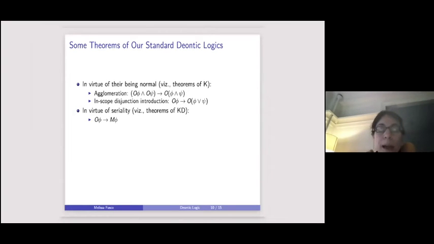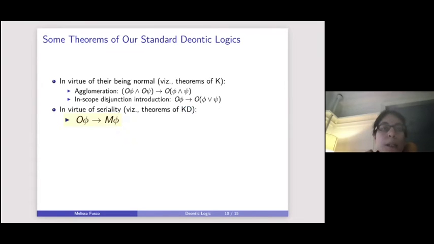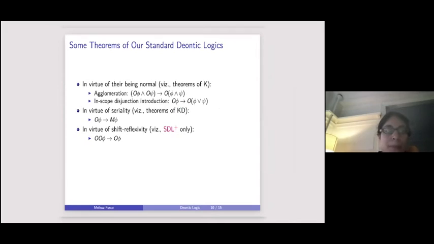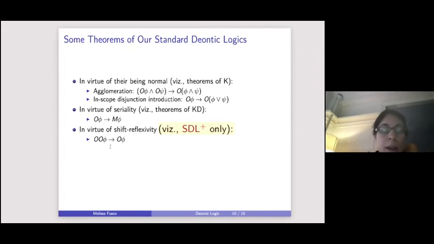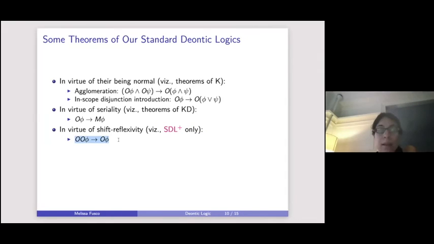In virtue of the fact that all of these models are serial, they satisfy all theorems of KD. So in particular, ought will entail may. This is just a box to diamond inference in a serial frame. If all ideal worlds are phi worlds and there must be some ideal worlds, which is what seriality guarantees, then there is at least one ideal phi world. Finally, in virtue of shift reflexivity, for SDL plus you'll get this as an axiom: if it ought to be the case that it ought to be the case that phi, then it ought to be the case that phi.